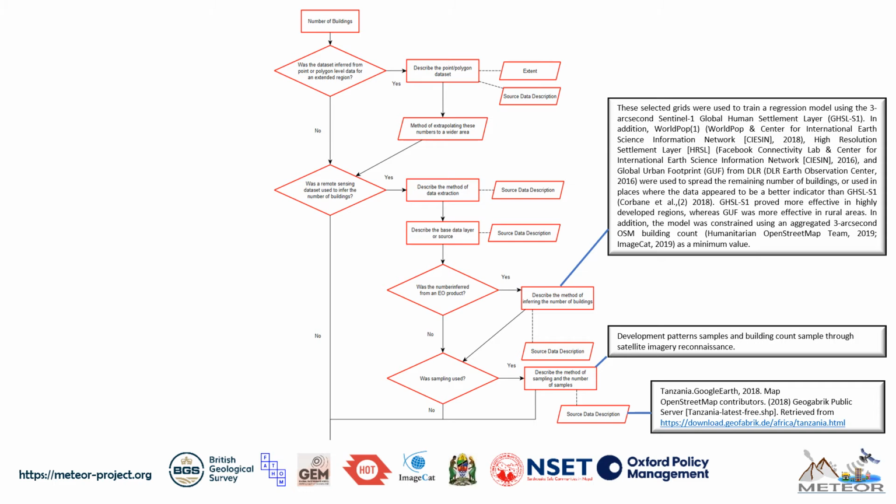In addition, WorldPop, the high-resolution settlement layer from the Facebook Connectivity Lab and CIESIN, and the Global Urban Footprint, or GUF, from DLR were used to spread the remaining number of buildings, or used in places where it appeared to be a better indicator than the GHSL S1.